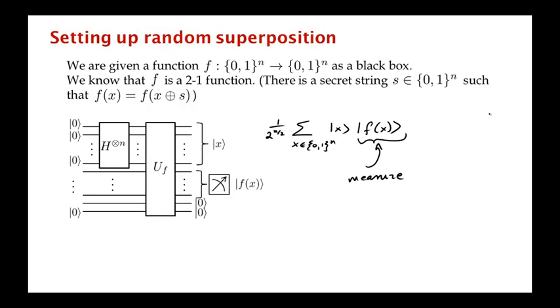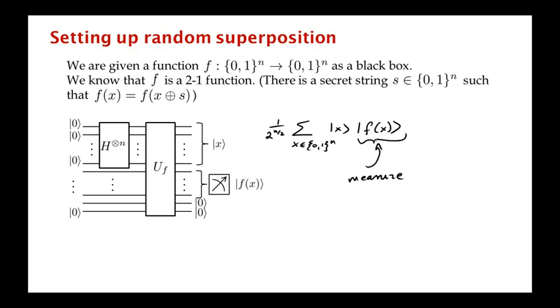Okay, so that's the main principle. When we do a measurement here, we'll pick out a random value x as well as x plus s, because for both of those values, we'll see the same value of f of x.